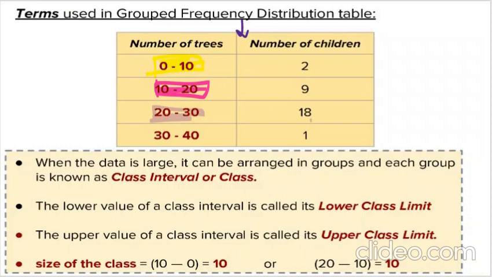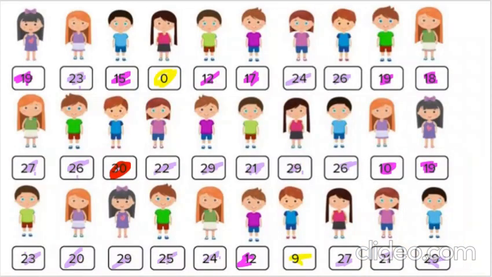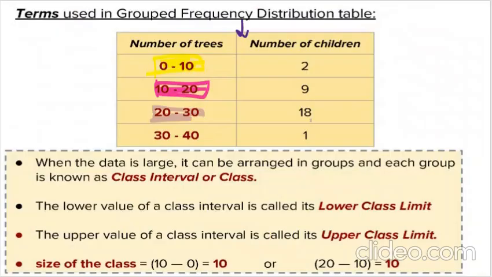ऐसे जब हम arrange करते हैं, that is known as distribution table. अब there are some terms you need to understand, ठीक है. Now इसमें हमारा जो data था that was large, ठीक है, हमारे बहुत सारी values थी, correct. So हमने उनको groups में arrange किया, क्या क्या groups थे, 0 to 10, 10 to 20, 20 to 30, 30 to 40, ये सारे groups थे. Now each of the group is known as a class interval or class.